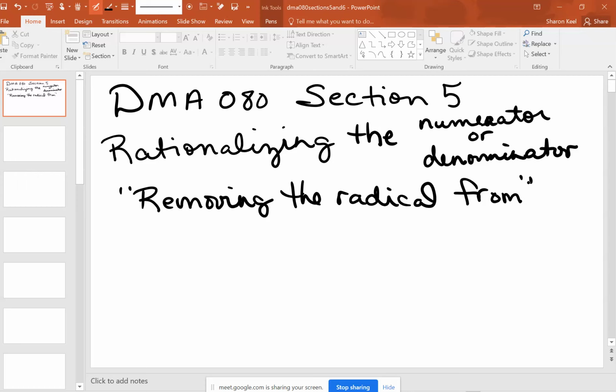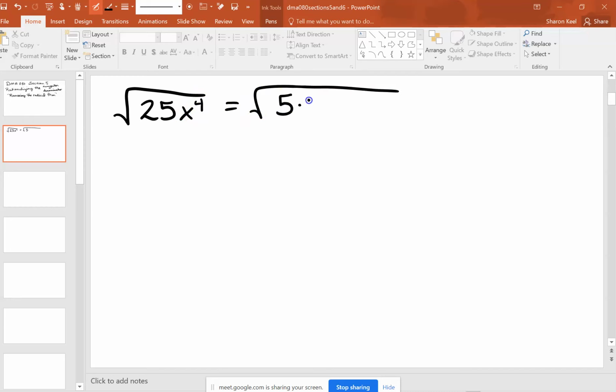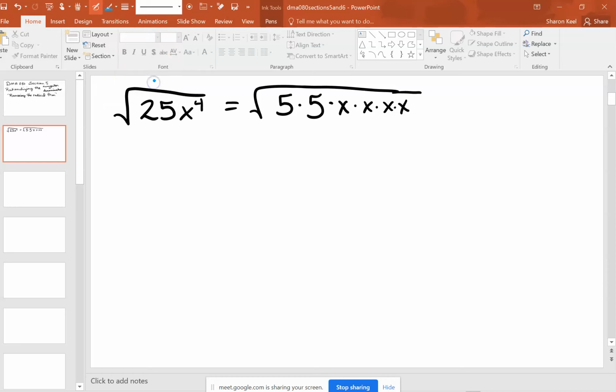One thing that I want you to think of is if we have, let's say, the square root of 25x to the fourth power. What that means is I would have a 5 times 5, and I would have a total of 4 x's. When we are rationalizing something, what we're trying to do is to be sure that everything that's under the radical can be removed so there is no longer a radical.